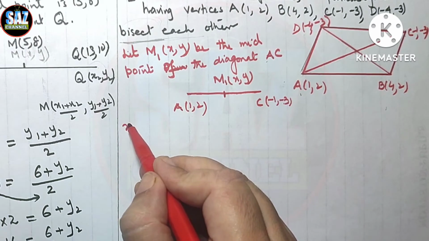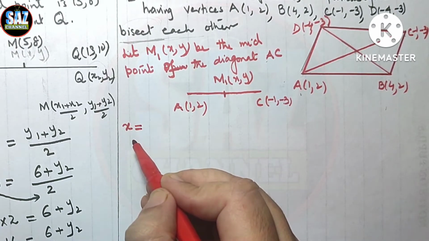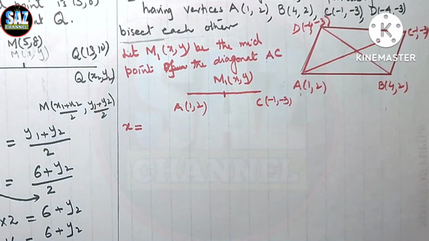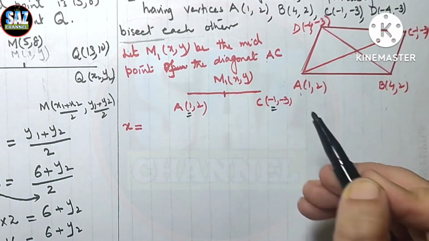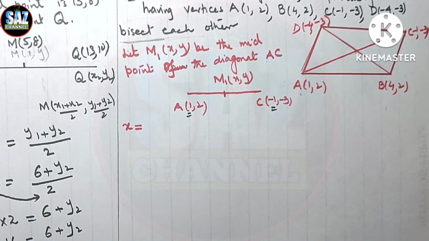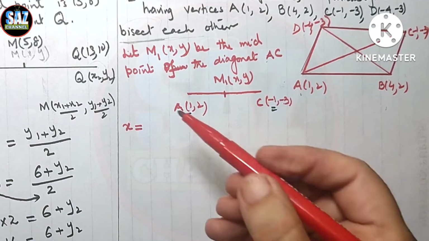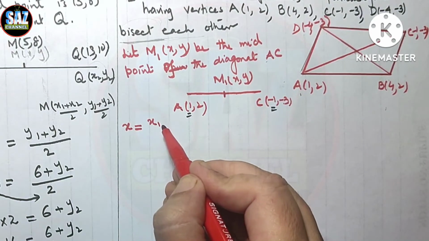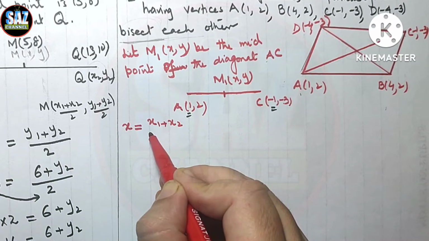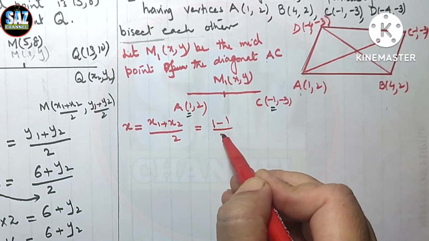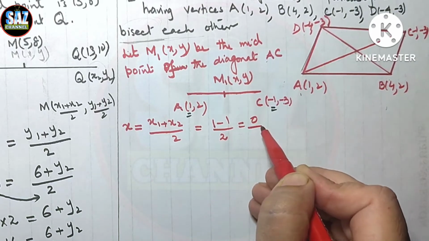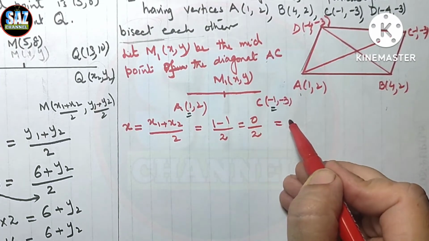Now, we know the formula for the midpoint: the x coordinate is the average of the x values of both points. Let me write down the formula: x equals (x1 plus x2) over 2. x1 is 1, minus 1 over 2, which is 0 by 2, and this is equal to 0.